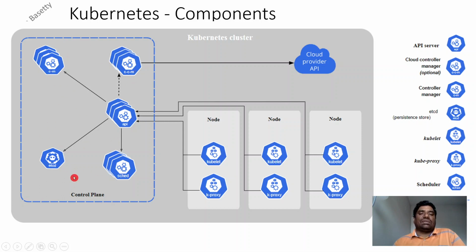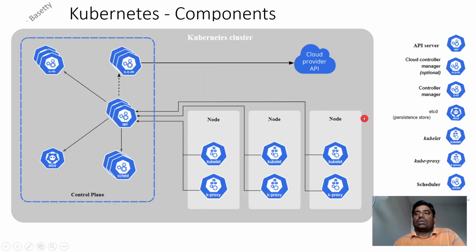These are the set of services owned by the control plane, and to control the nodes where it runs kubelet and proxy. These are the components communicating with the API server, which will be orchestrating all of our applications on these nodes.